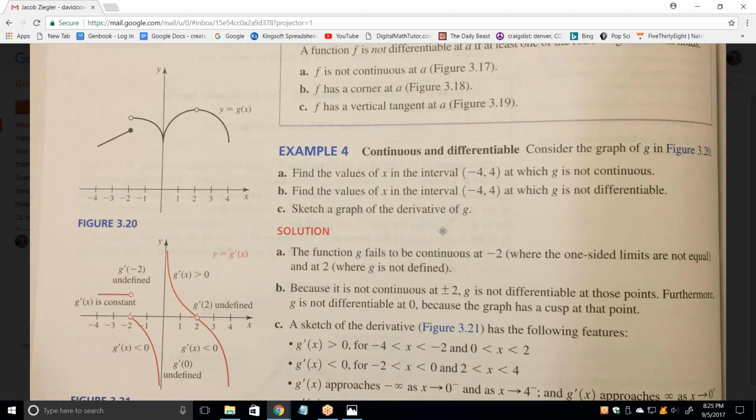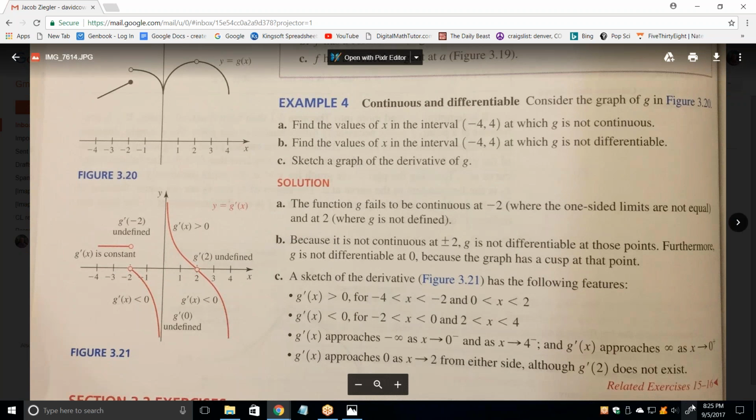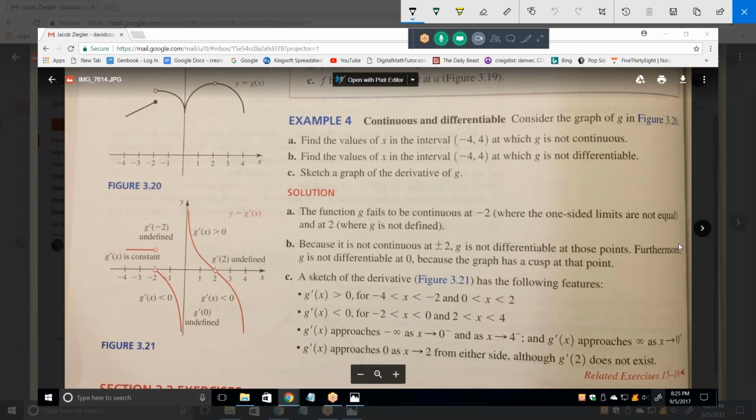Okay. You might wonder why, and that's where that second derivative function comes in. But if I tried to draw the tangent line, would I draw it like that? Or would I draw it like that? Or would I draw it like that? There is no proper slope at a corner or a cusp.